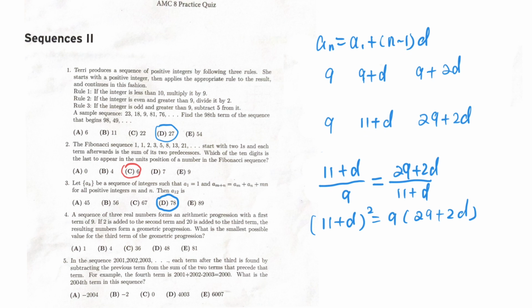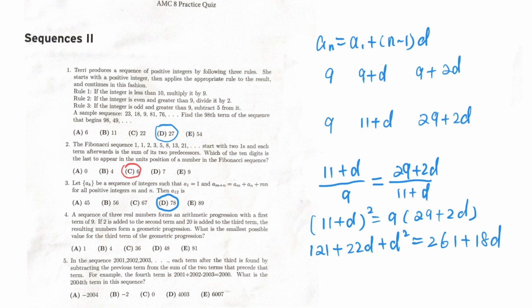Expand the square of the sum. The first term will be 121 plus 2 times 11, 22D, plus D squared, equal to 9 times 29, that is 261, plus 18D.